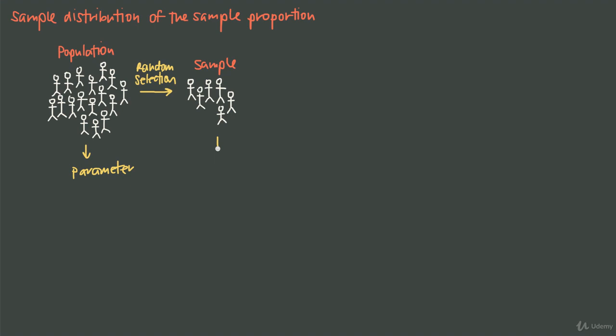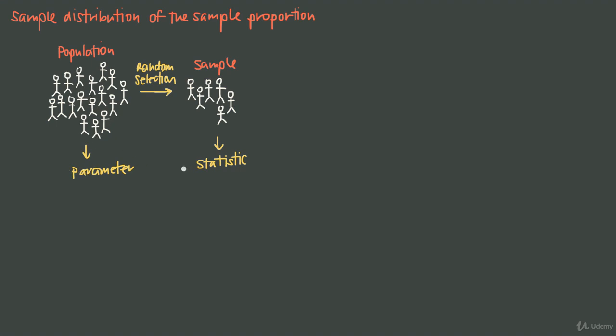And then for the sample, we calculate what's called a statistic, which again could be a proportion for the sample. It could be the mean, the standard deviation, but some characteristic of the sample. So we call characteristics of the sample statistics, and we call characteristics of the population parameters.